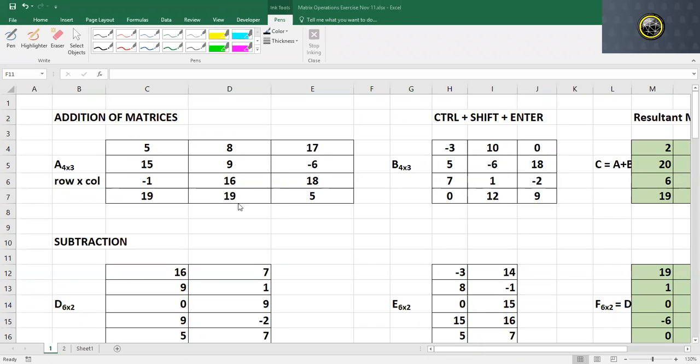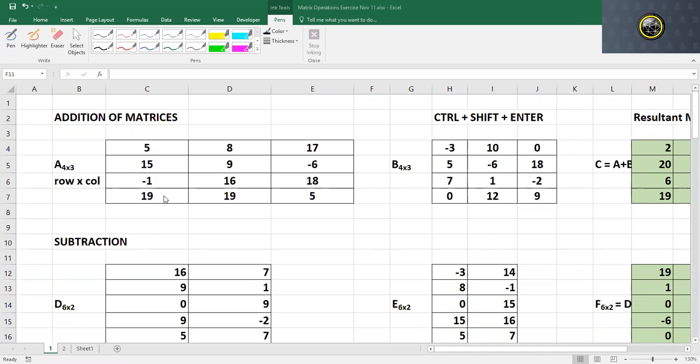You can add matrices for as long as they have the same dimension. A 4 by 3 matrix with a 4 by 3 matrix, a 6 by 6 matrix can be added to a 6 by 6 matrix. And the order does not matter because it's addition. It's actually a scalar addition.